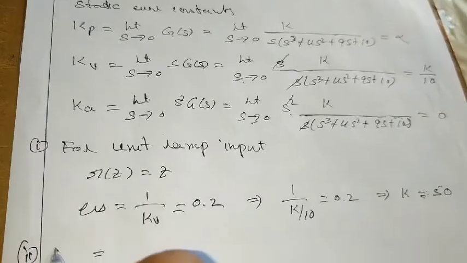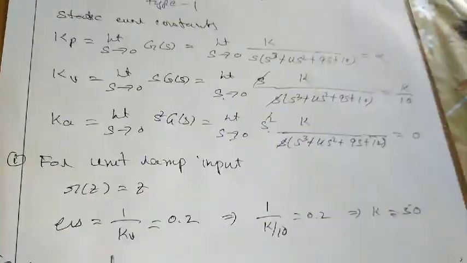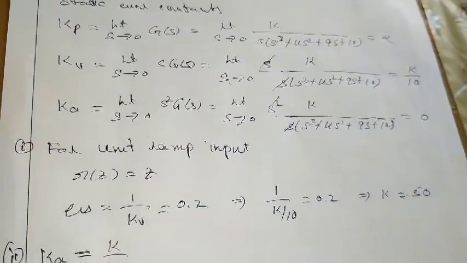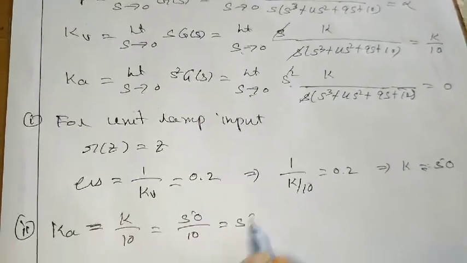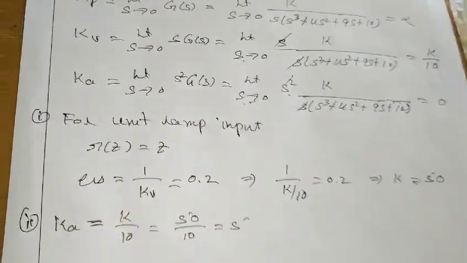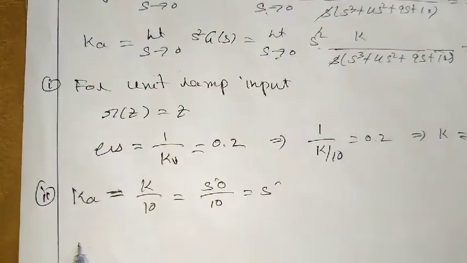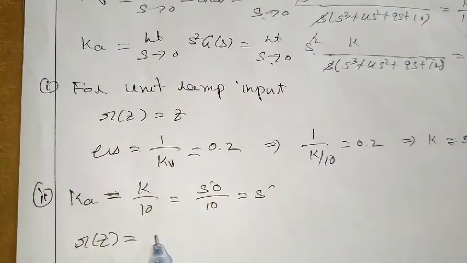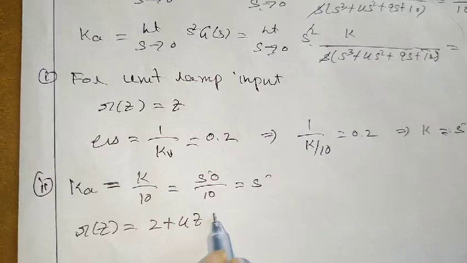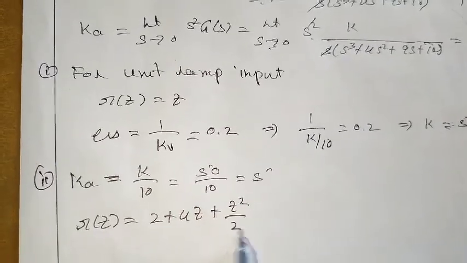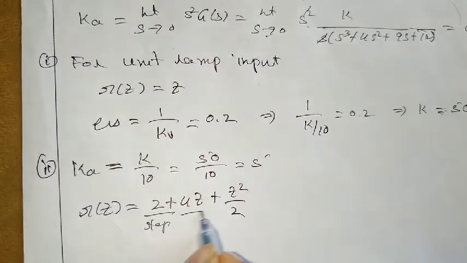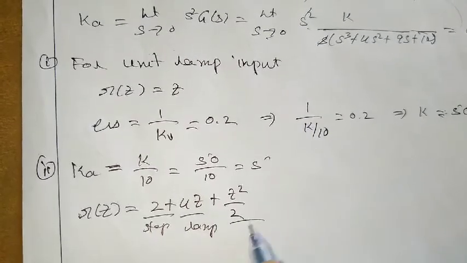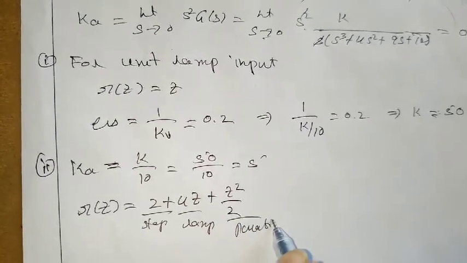So what is the value of Ka now? Ka is given by K by 10, that is nothing but K is 50 by 10, that is 5. Now the input R of t is 2 plus 4t plus t square by 2. The input consists of step, ramp and also parabolic.